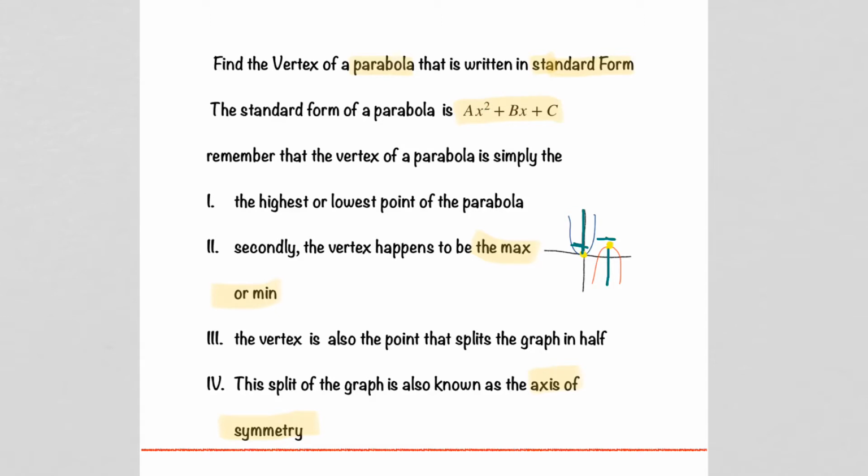All you need to do is use the formula negative b divided by 2a to find the axis of symmetry, and you'll have that special equation x equals something. Remember, x equals some constant is going to be a vertical line. The equation y equals some constant will be a horizontal line.